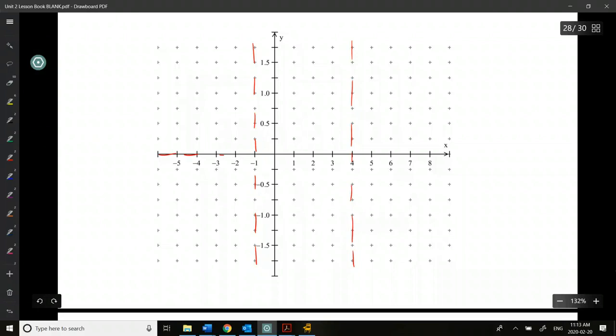We also had a horizontal asymptote at y equals 0. We have a critical number at 1.5, negative 0.16. So I'm going to plot that. That's like something like this.